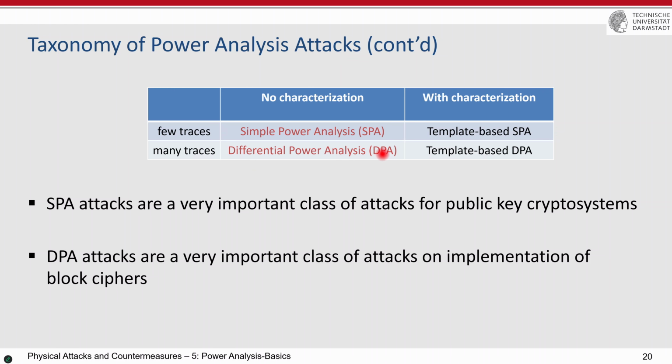This is a general form, DPA, but it is not related definitely to a particular attack, which is called differential power analysis. We will see many different kinds of these attacks, not only DPA, but in the literature sometimes this category of the attacks, non-profiled attacks without any limit on the number of traces, are referred to just as DPA.